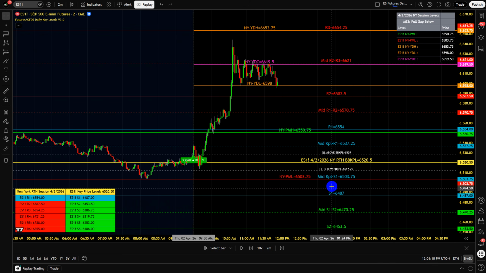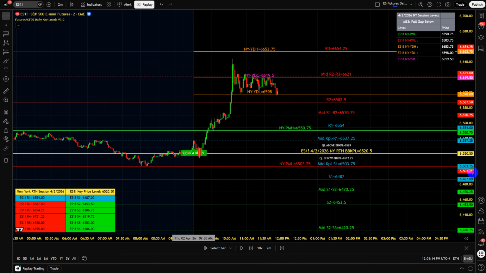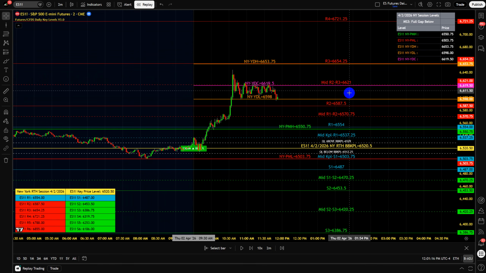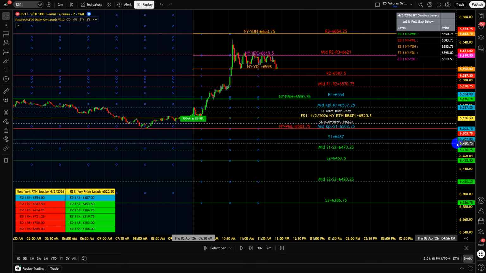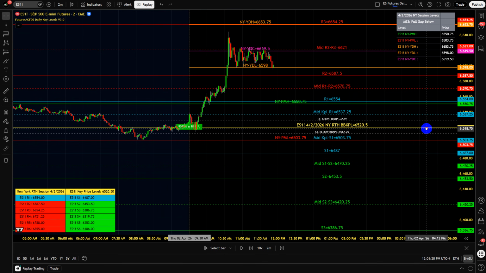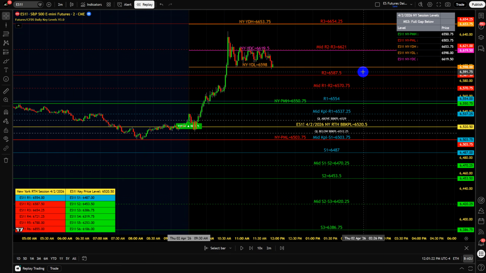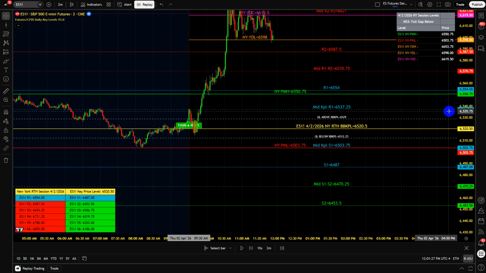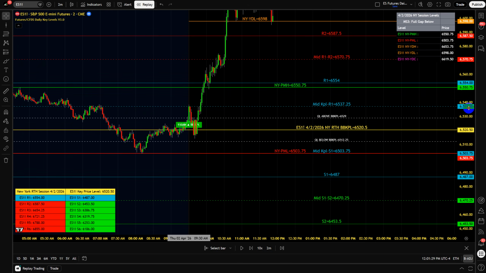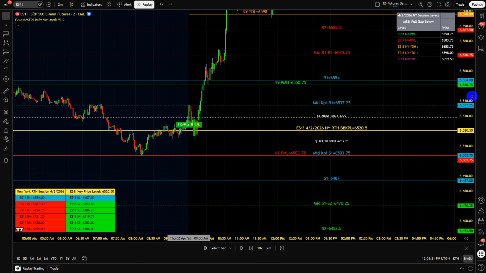So it could be R3 down to S2, it could be R3 down to S3 as an example. Or it could be even further down if you just wanted to see, say, R2 to S2 as an example.